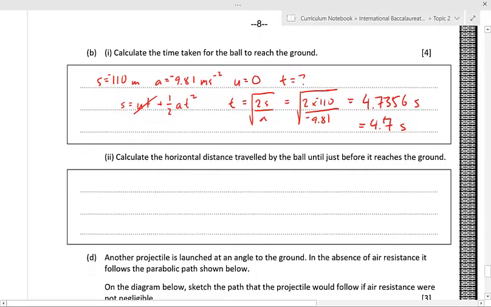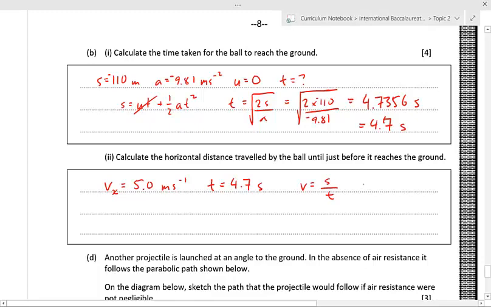Calculate the horizontal distance traveled by the ball until just before it reaches the ground. Well, horizontally it's not accelerating, so we can use the fact that Vx is equal to 5 meters per second, and t is equal to 4.7 seconds, and v is equal to s over t.